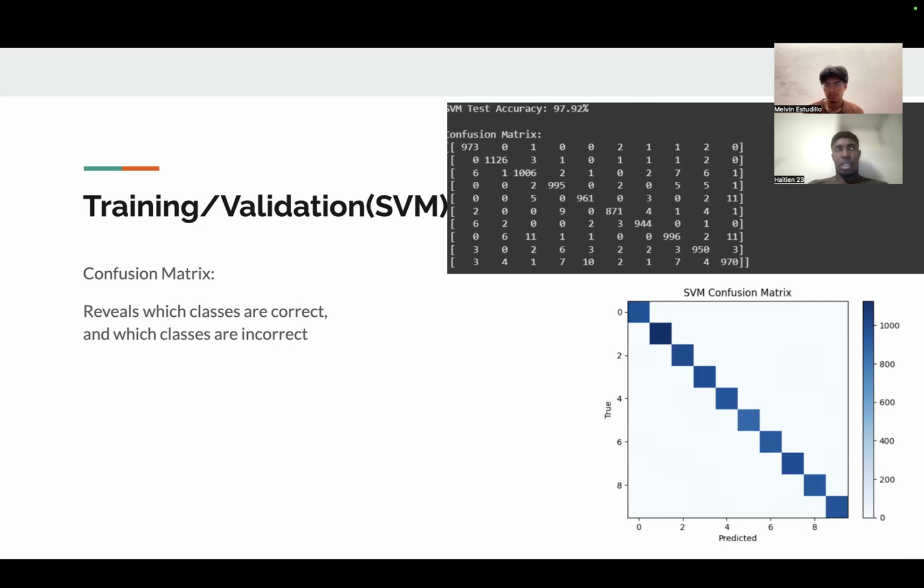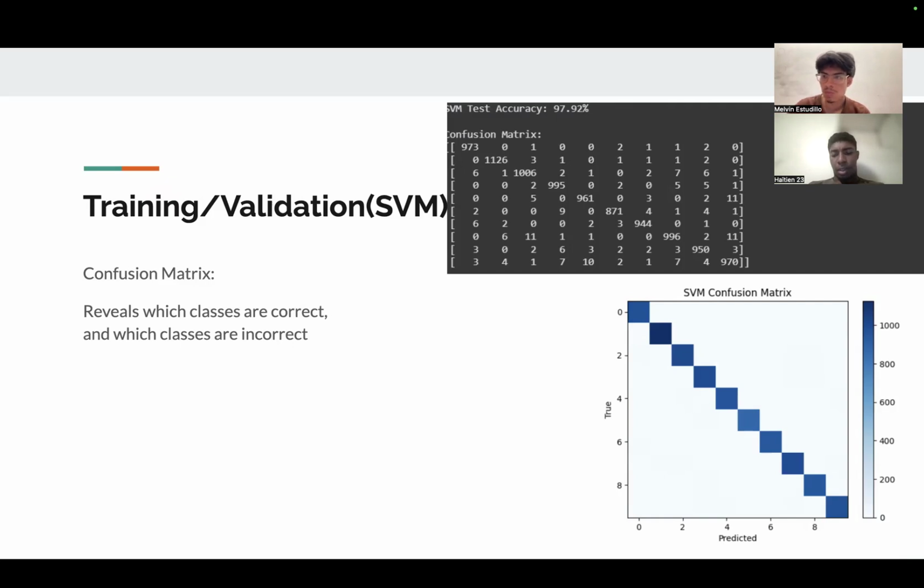In a nutshell, the support vector machine is used to show which classes are correct and which classes are incorrect, particularly when comparing the true ground images with the predicted ground images. It shows not only how accurate the classes were, but also which parts of the classes made errors.